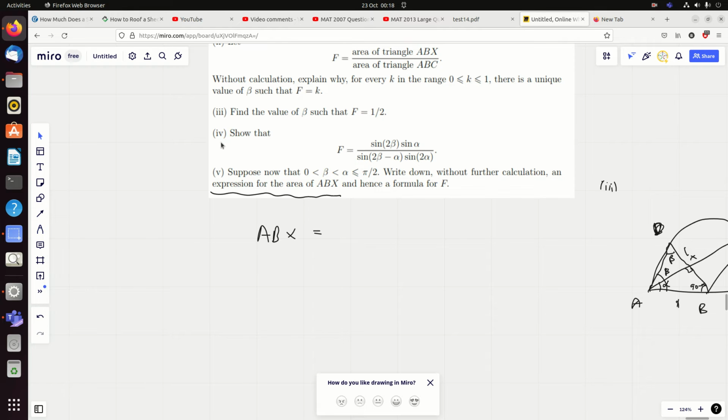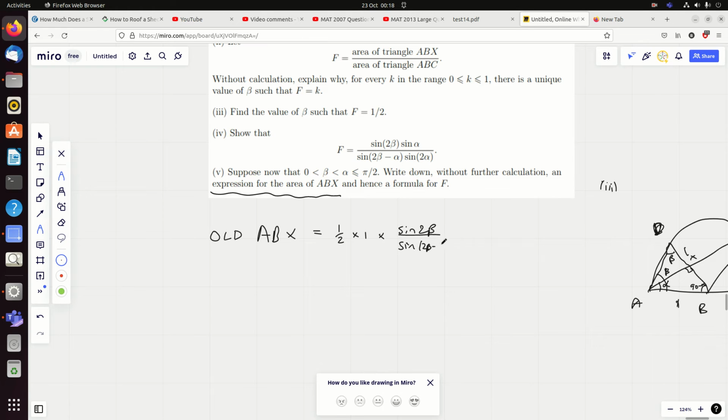Now remember, don't swap it in the F, because ABX was something separate, and ABX was, I believe, a half times 1 times a sine. Let's just say this is old ABX. I'll write down old ABX first before we swap betas for alphas. I'm just writing it so I can see it: sine 2 beta over sine 2 beta minus alpha.